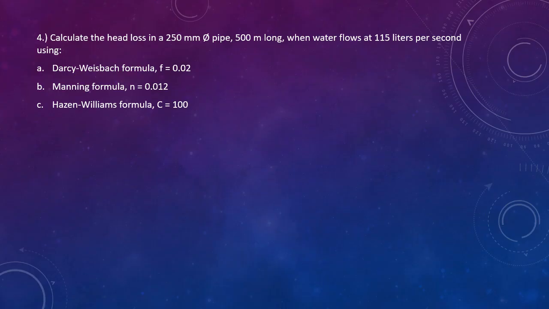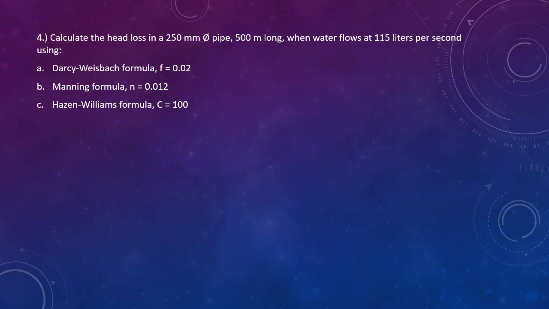Calculate the head loss in a 250 mm diameter pipe, 500 meters long, when water flows at 115 liters per second using A. Darcy-Weisbach formula with f equal to 0.02, B. Manning formula with n equal to 0.012, and C. Hazen-Williams formula with C equal to 100.